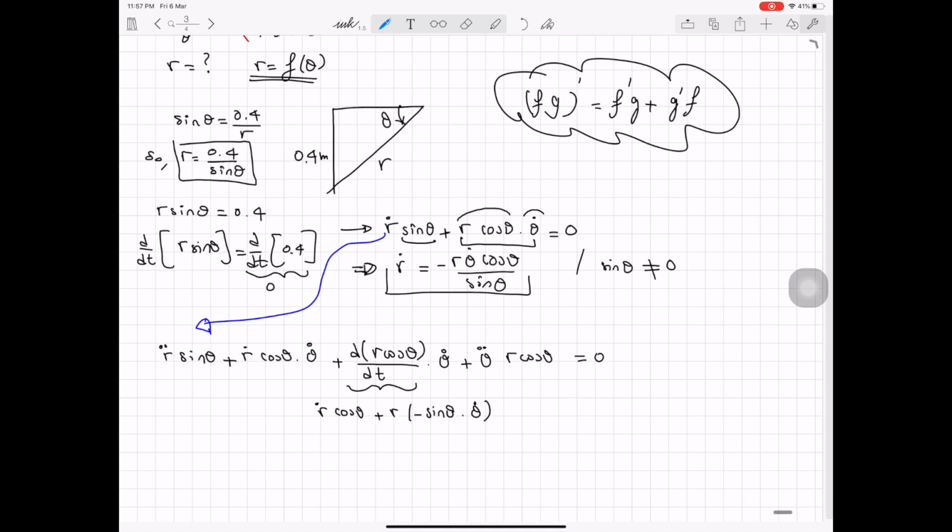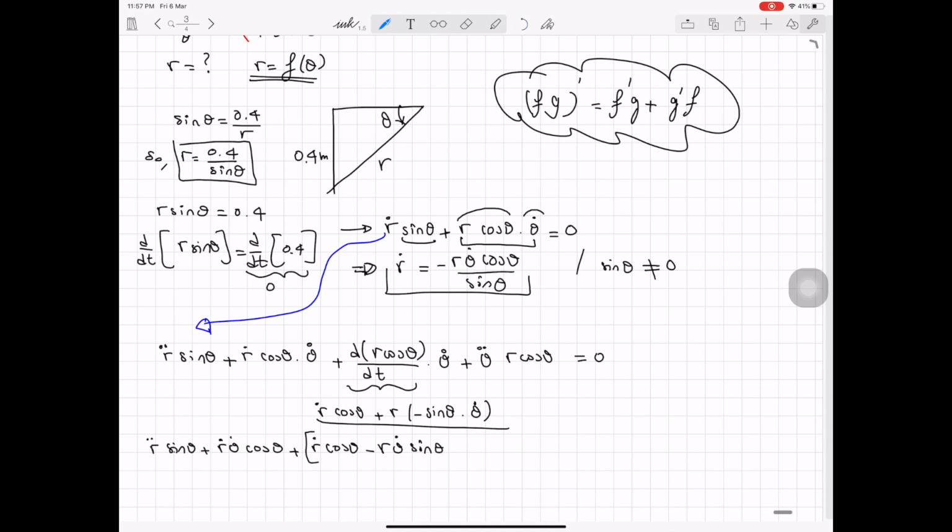times theta dot. Okay. So to summarize, R double dot sine theta plus R dot theta dot cosine theta plus R dot cosine theta plus R times minus R theta dot sine theta, which has to be multiplied by what?